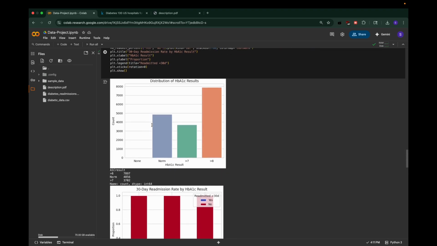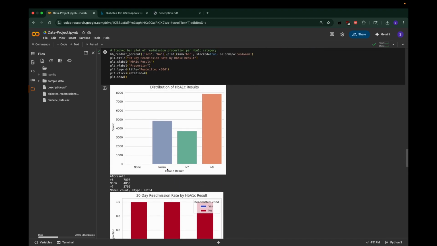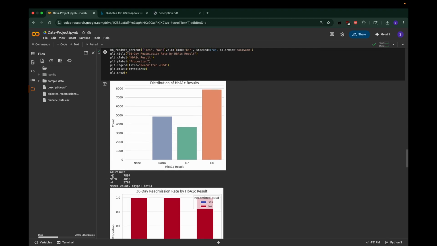We can see that in the data, at least, people who are lower than 8% have this much readmission rate, the norm has this much, and 0.7 has this much.